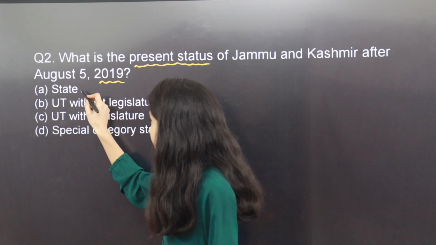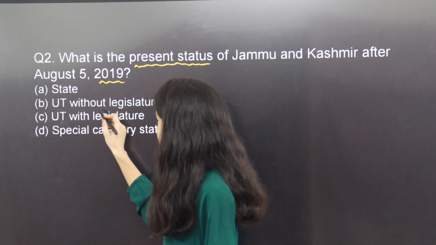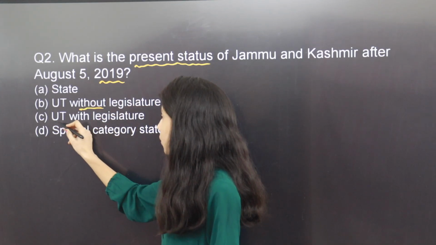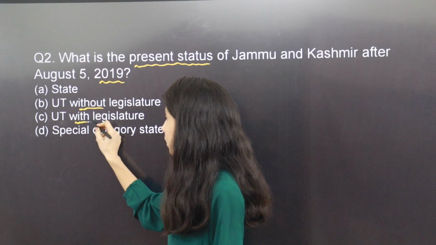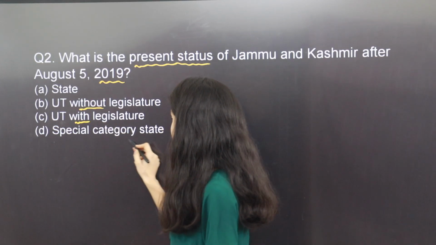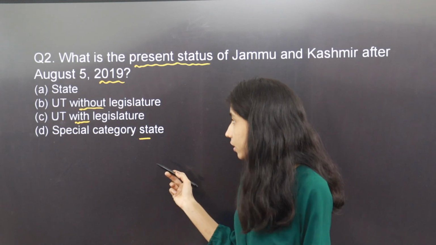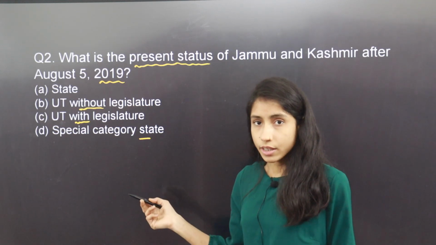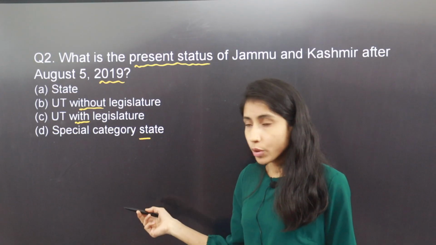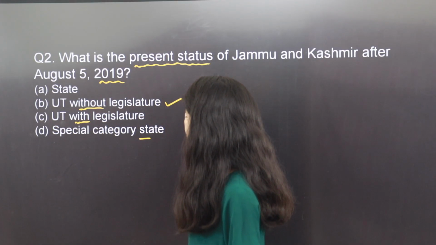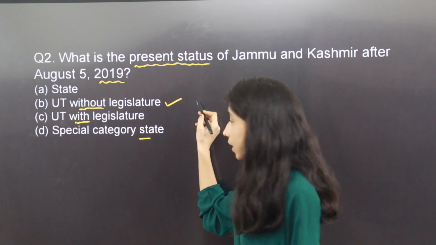Whether it is a state, or a union territory without legislature, or a union territory with legislature, or a special category state. We have already seen in the previous question that today, Jammu and Kashmir is a union territory without legislature. So option B is correct.